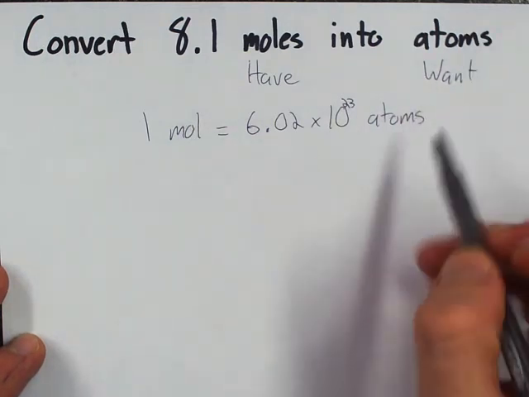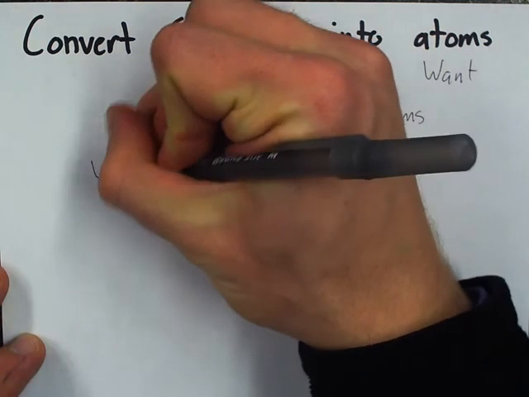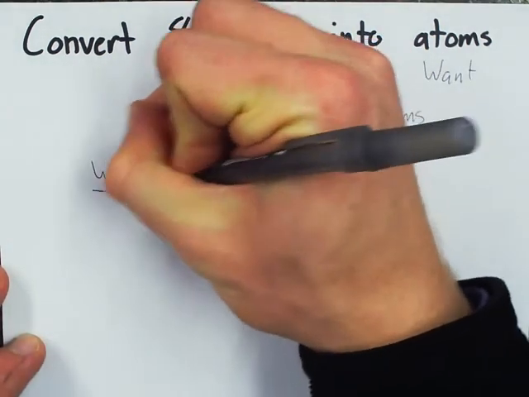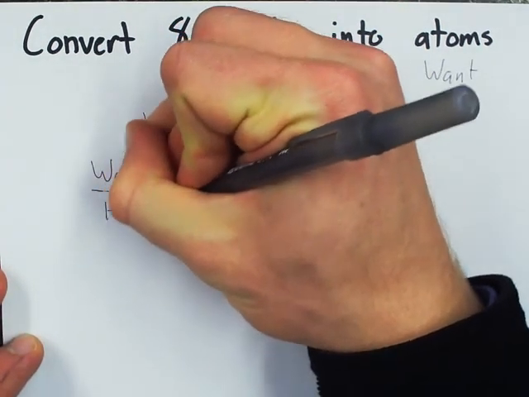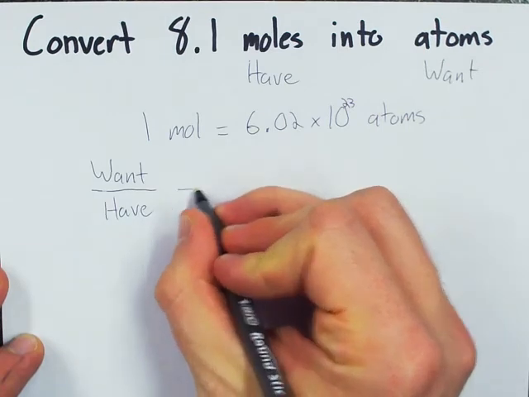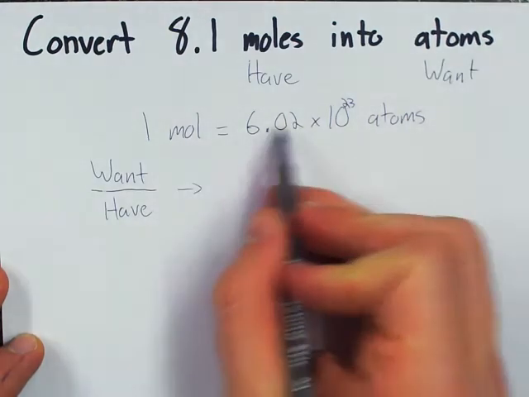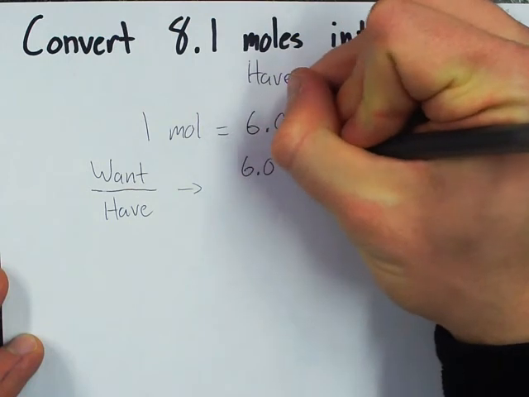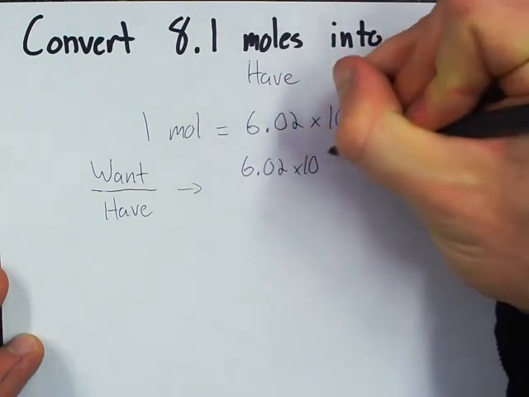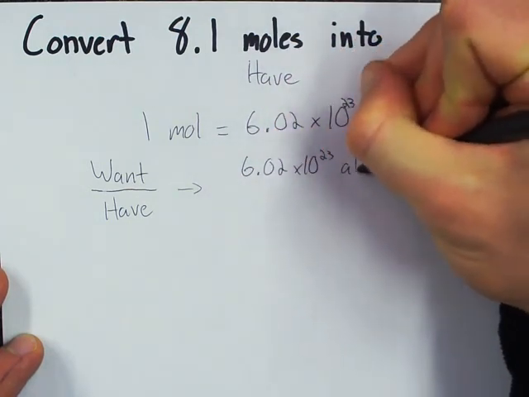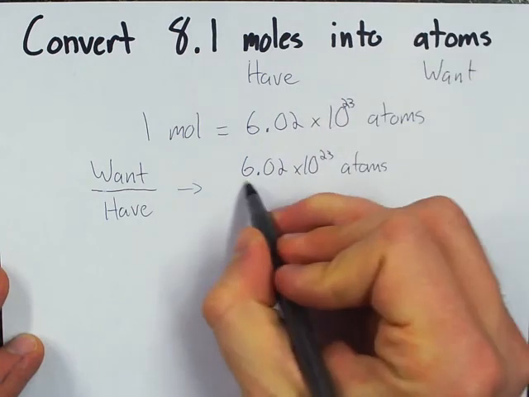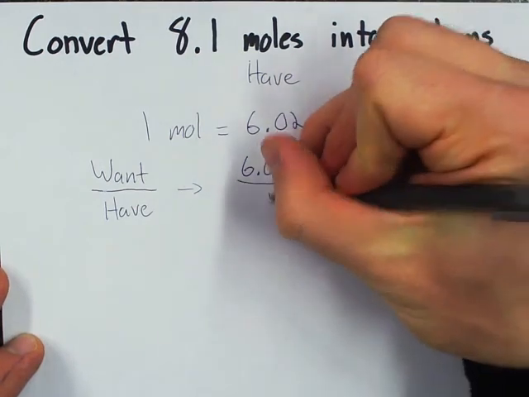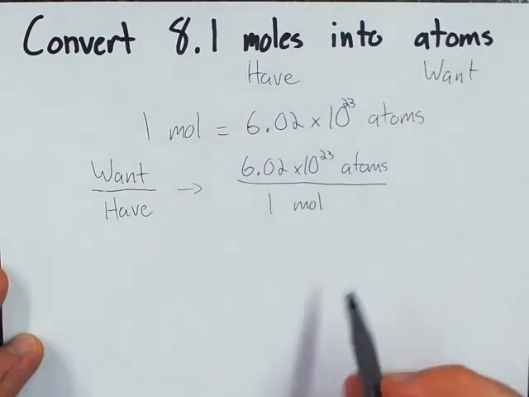So I put the atoms on top. First, let me write, it's the unit we want over the unit we have. For this equality, that would be 6.02 times 10 to the 23 atoms over 1 mole.